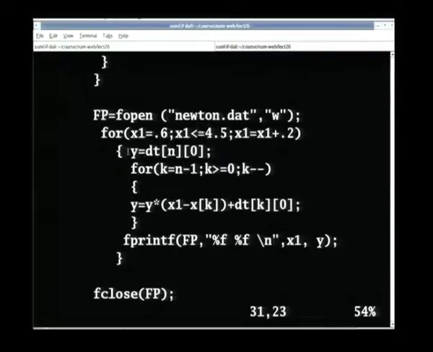So, I start y as the highest order coefficient, and then I find the product of that with x1 minus x of k. Okay, x1 is the point at which I want to evaluate the polynomial, okay, and then I add this term dt, the next coefficient. Okay, so, let me write this thing, then it becomes clear.